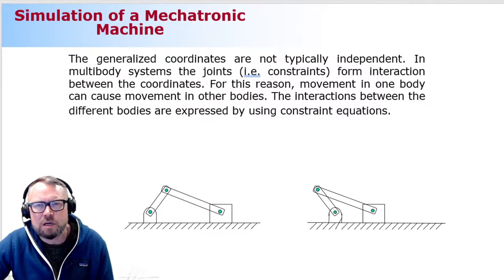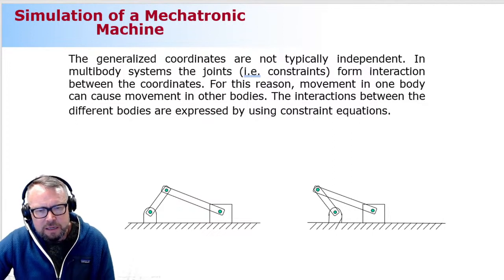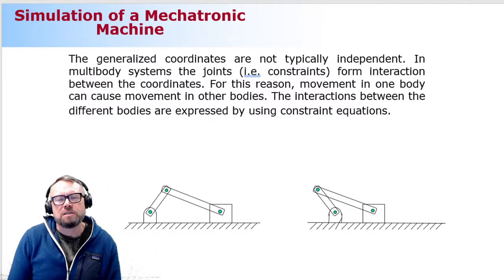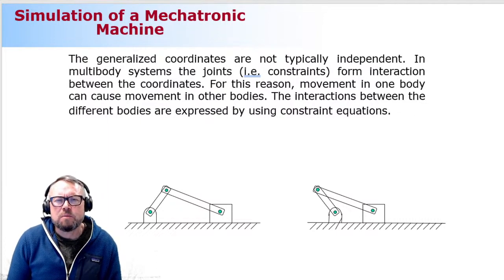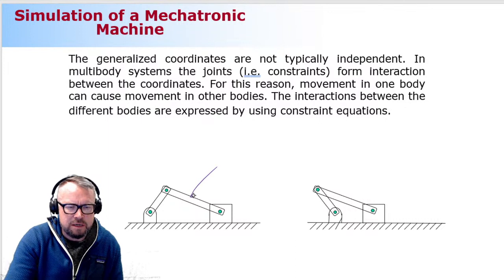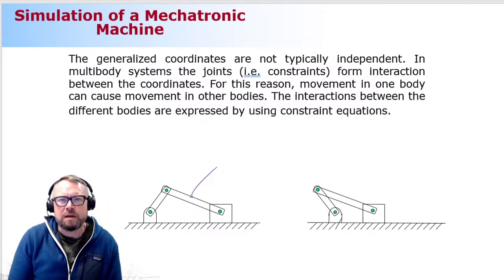Okay, constraints. What's the concept of constraints? I said earlier that the constraints are the ones that represent the joints. And what are the joints doing for us? They are limiting the motion possibilities. Think about the connection rod as an example. If it were a free body, it could have 3 degrees of freedom.